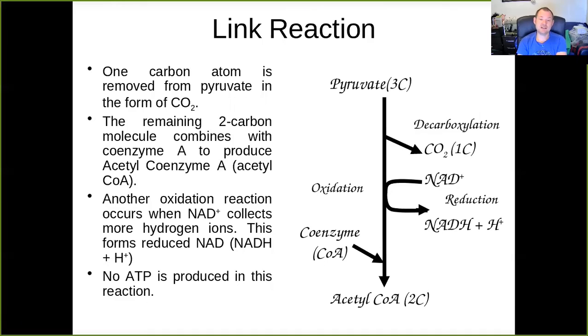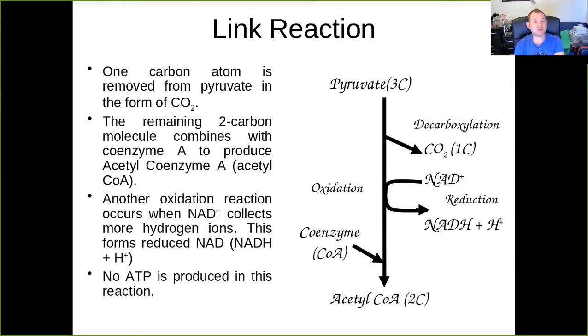So to summarize, pyruvate goes in, acetyl coenzyme A goes out. And in that process, NAD is reduced, thus oxidizing the pyruvate. The pyruvate is decarboxylated, meaning CO2 leaves, and coenzyme A binds to it, giving acetyl coenzyme A.